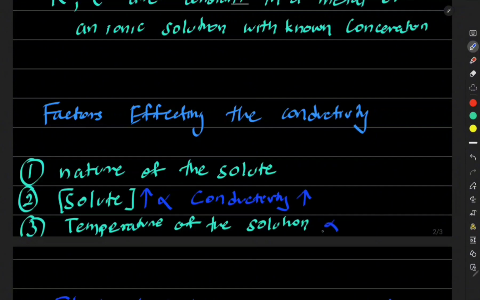And if the temperature increases, conductivity increases. And the nature depends on the size: if the size is small, speed increases, therefore conductivity increases.